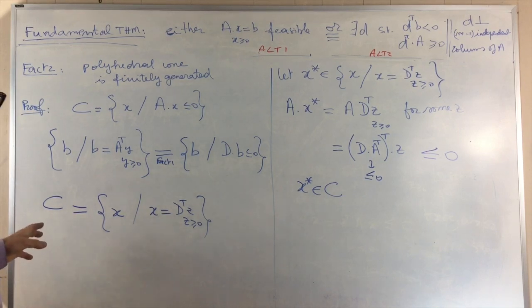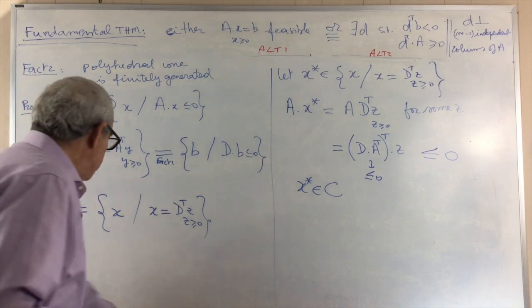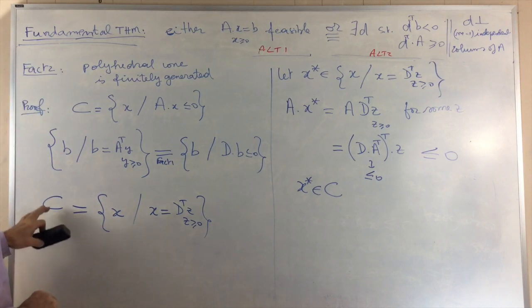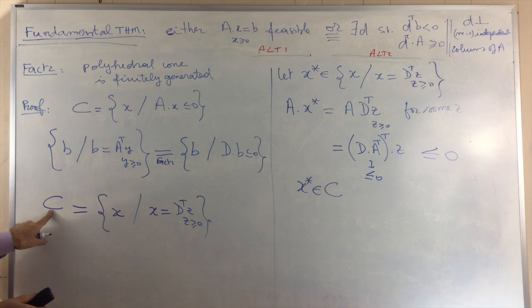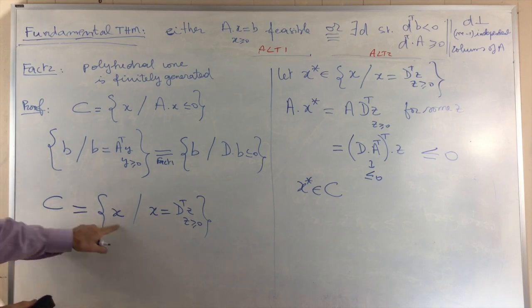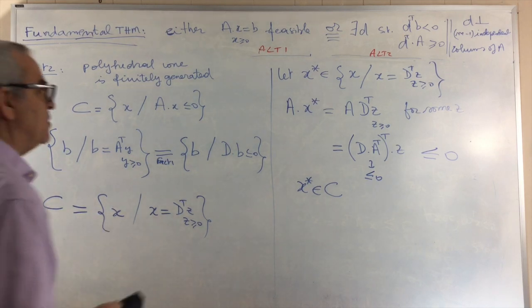Now let's see, is it strictly contained in the set, or is it equal to C? What we're going to do is take a point in C and assume it doesn't belong here, and then arrive at a contradiction.